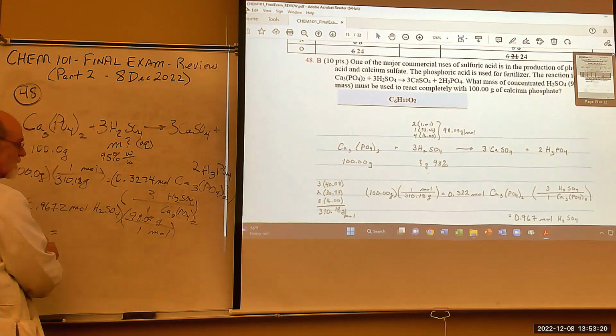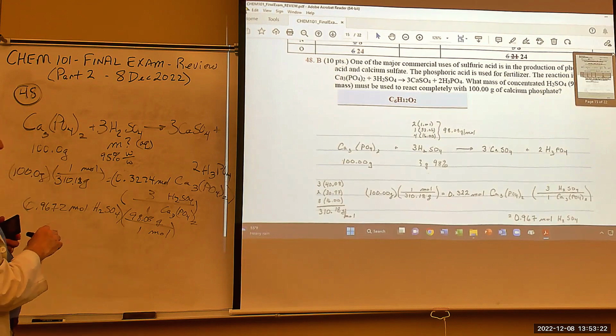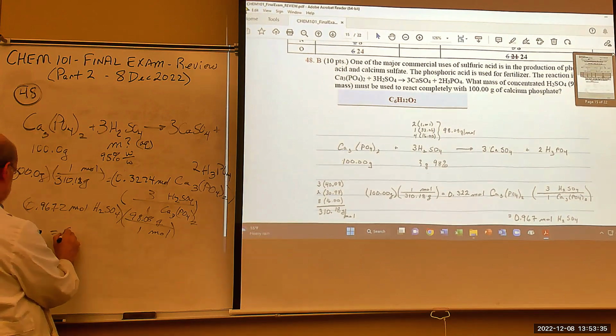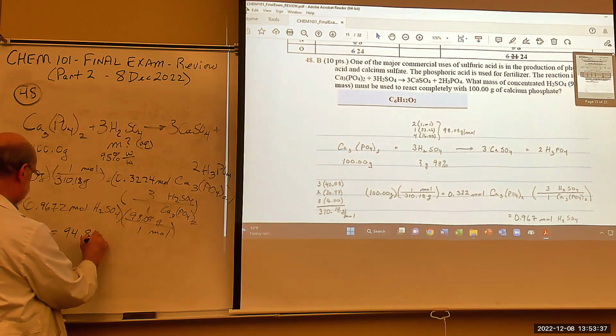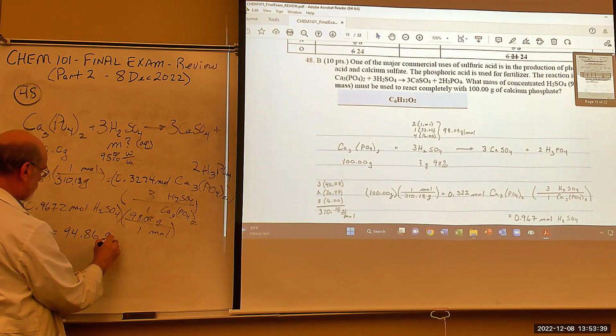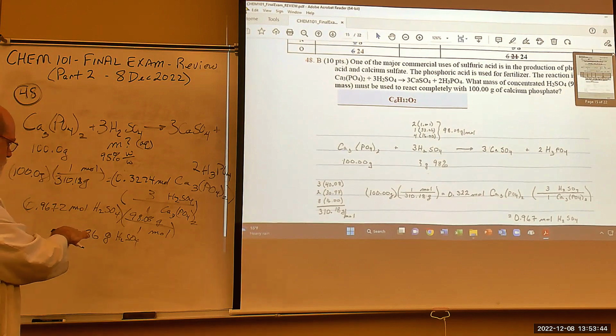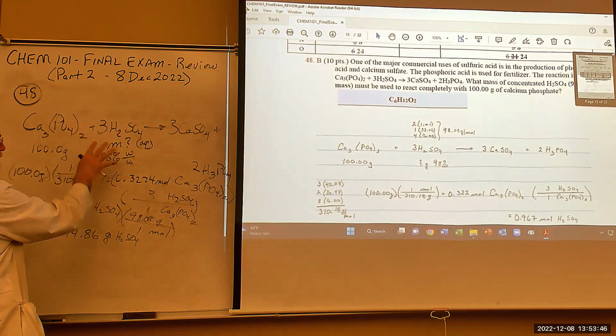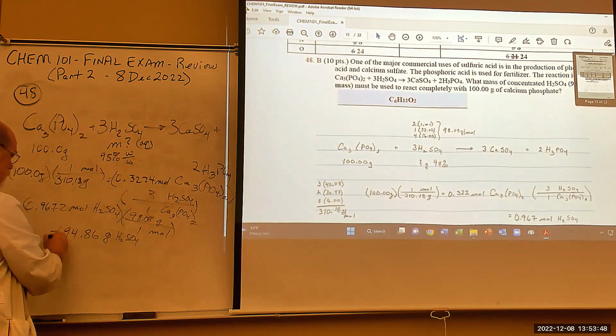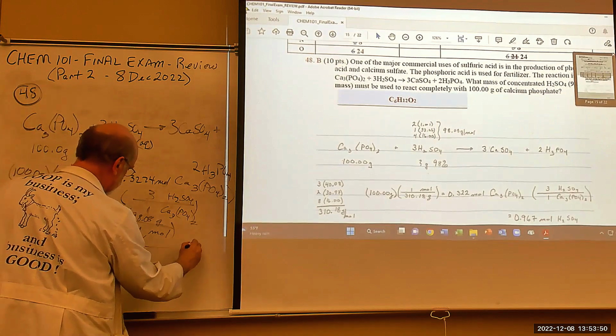Right, so that means this is, I'll just multiply myself. 98.08. So this is 94.86 grams of sulfuric acid. That's 100%. We want the mass of the solution. So another conversion factor is needed.